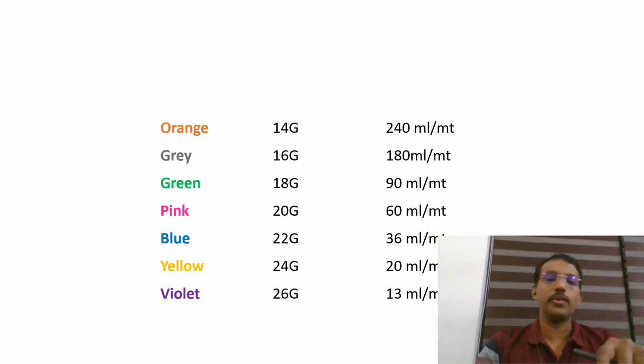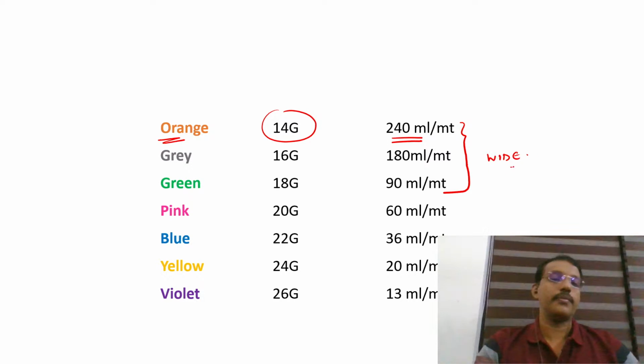See, this is how you can recollect. I brought this for you so that you can use it anywhere. Among the options, it is orange, which has the highest gauge. You can infuse 240 ml per minute. So whenever you are in shock and need a larger transfusion, you always use these three. They are called wide bore cannula. 20 gauge is for general anesthesia.